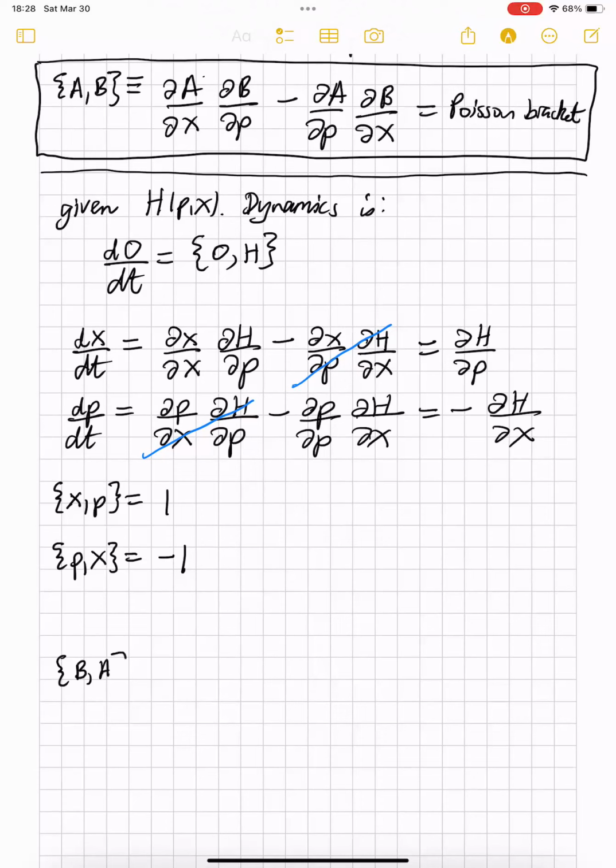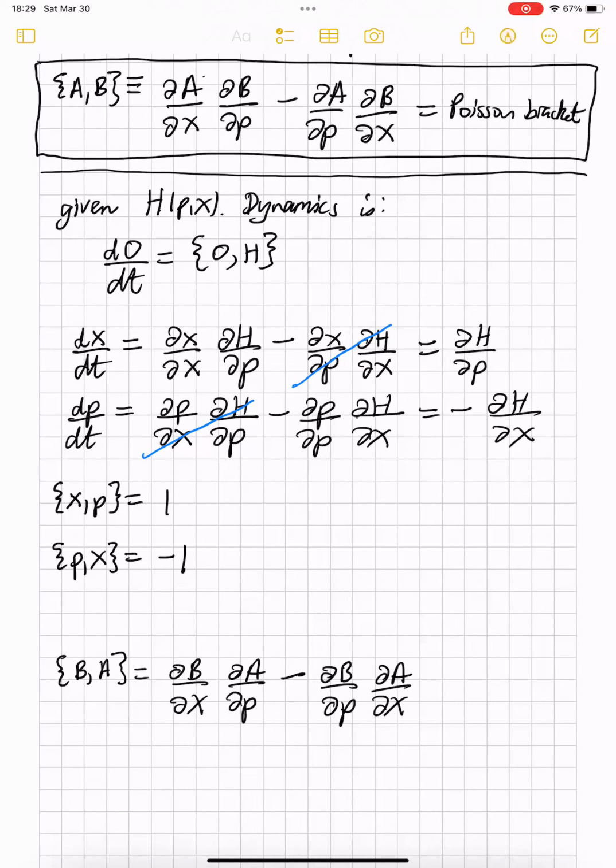In fact, let's calculate the Poisson bracket of B with A. Well, this is equal to dB/dx dA/dp minus dB/dp dA/dx. So look at the formula that I've just written down. dB/dx dA/dp was a plus. Well, that was the minus term inside the boxed equation at the top of the page.